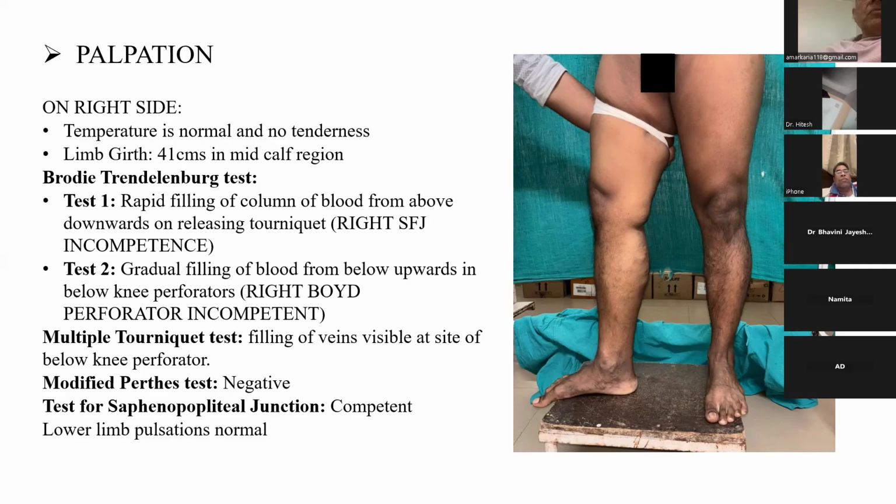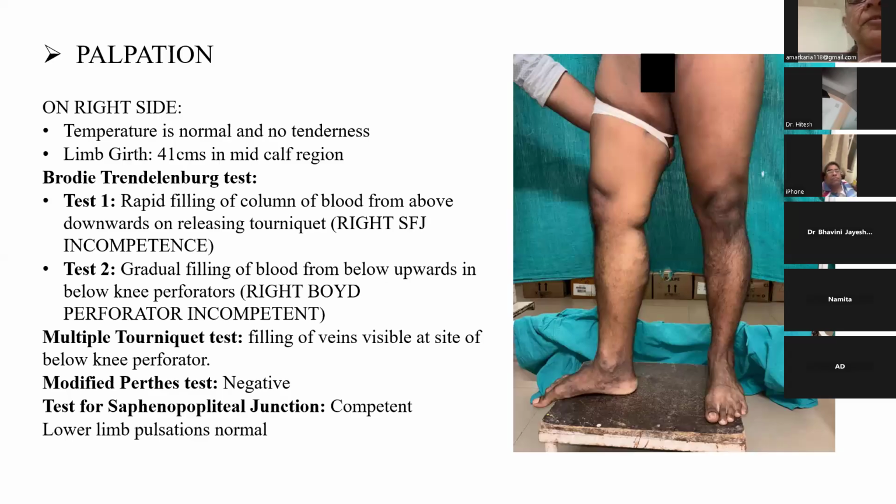Dr. Pal, where do you tie the second tourniquet? Test two tourniquet, you said. At the saphenofemoral junction, below the saphenofemoral junction. He's talking about Brodie-Trendelenburg part 2. But how can he write down that the perforator is incompetent? There is the Dodd perforator, there is the Boyd perforator. How do you know which of them is there?